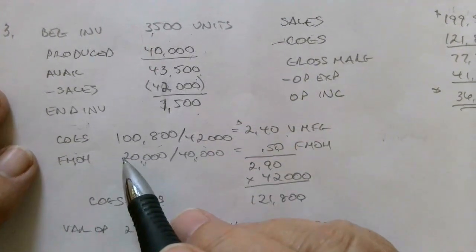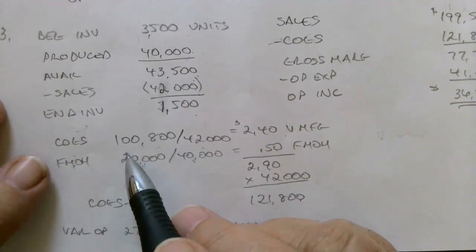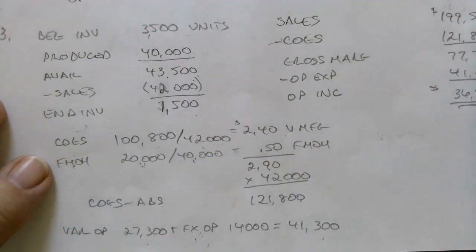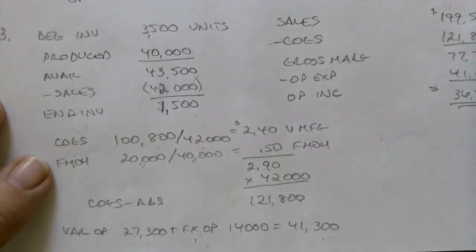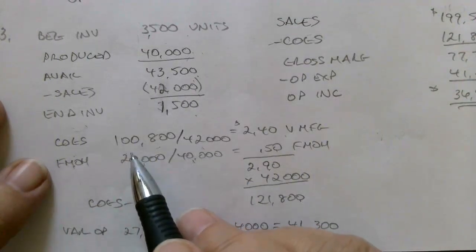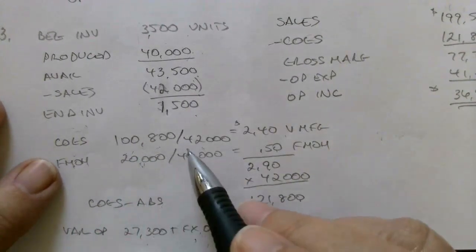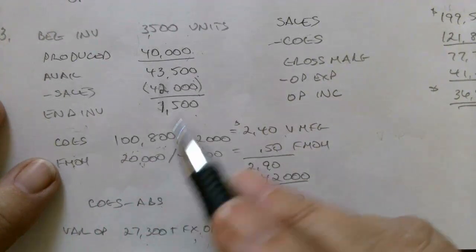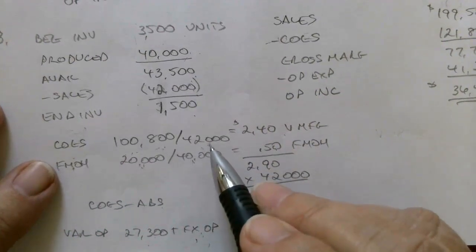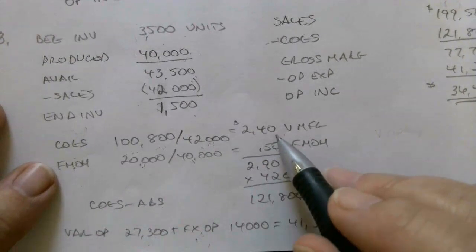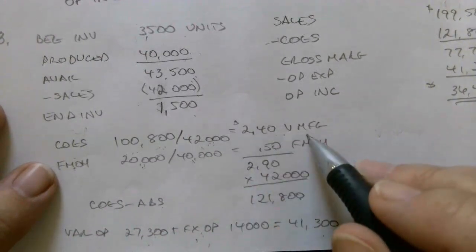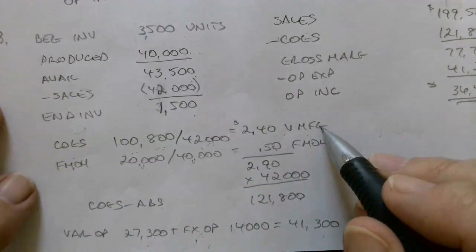Okay, cost of goods sold. What do we have here? Cost of goods sold. This is our original statement here. No, it isn't. This is the final one. Cost of goods sold, this was variable cost of goods sold. 100,800 divided by the 42,000 sold units would give us $2.40 per unit of variable manufacturing costs.